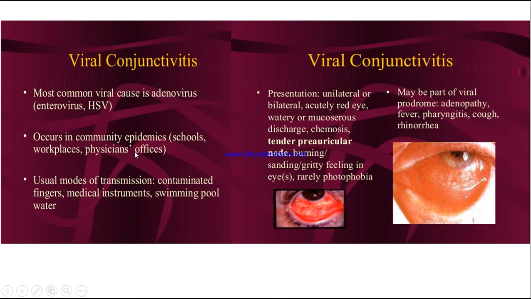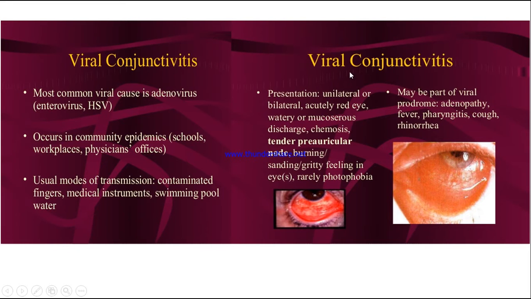This viral conjunctivitis occurs mostly in school children, in schools, workplaces, offices, clinics or any hospital. Next, the usual mode of transmission is contaminated fingers, medical instruments, or swimming pool water. These are the modes of transmission for viral conjunctivitis.